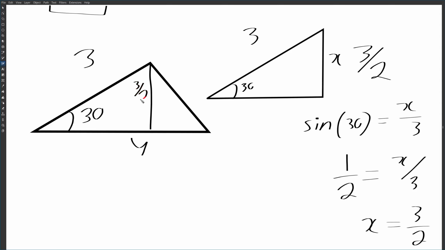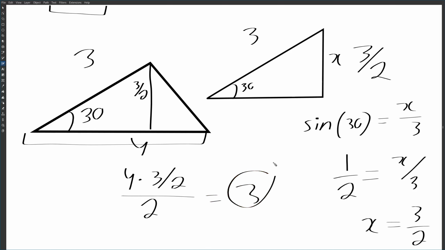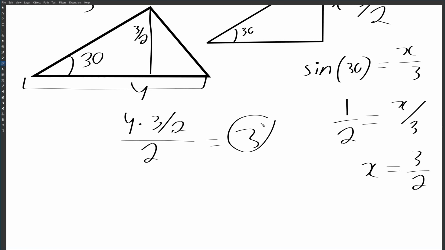Okay, and now we can use the base times height we know and love. Okay, so we have this whole base of 4 and a height of 3/2. So 4 times 1.5, which is 6, divided by 2, is equal to 3. So the answer there is 3.